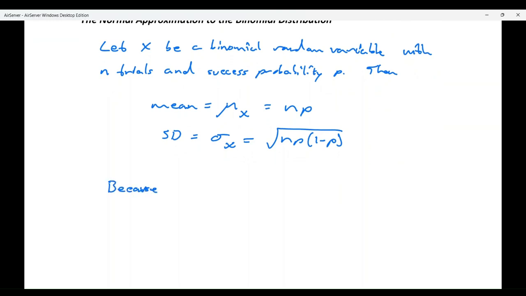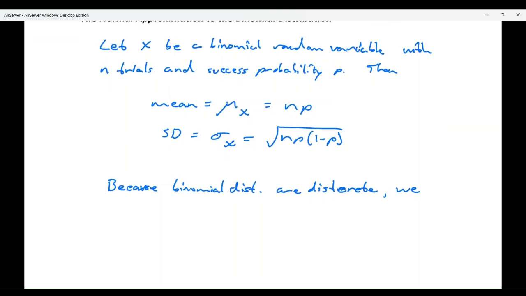The idea here is that because binomial distributions are discrete, basically we have to correct for that.